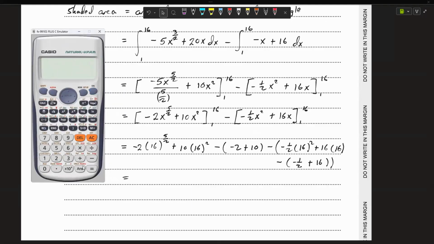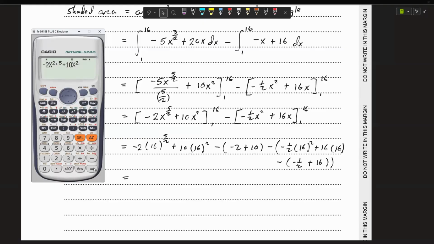All right, so I'm going to store 16 in X, so shift store into X, and then I am going to substitute 16. Okay, so that's going to be 2 alpha X, and that's to the power of 5/2, which is like 2.5. That's minus, right? So I'll put a minus on it, and I'll have plus 10 alpha X squared.